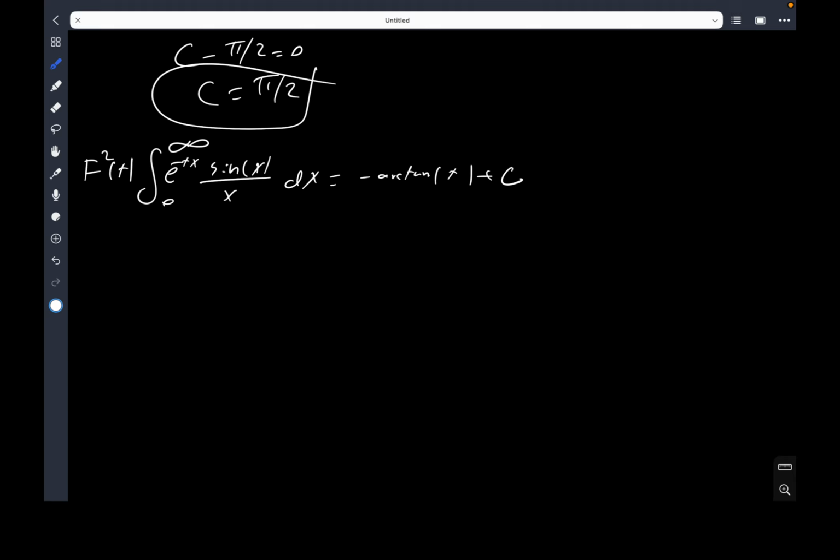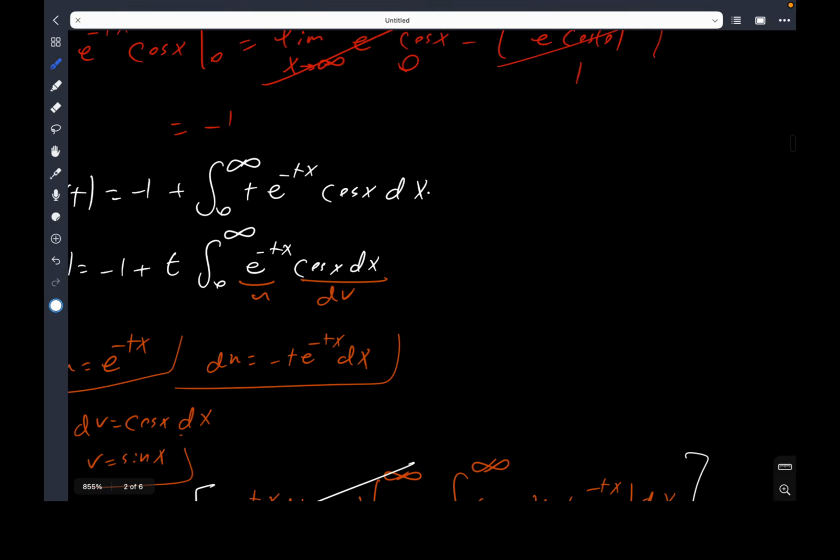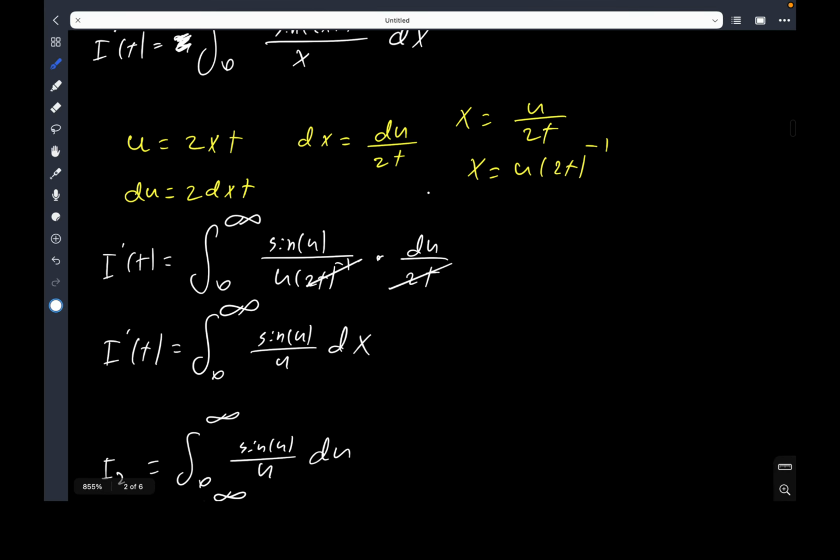And if I let t be equal 0, it's going to go down to 0 and 1, and it's going to be sine x over x. And we saw that the constant is pi over 2. Thus, the arctan of 0 is 0, and the integral from 0 to infinity of sine x over x dx is pi over 2.